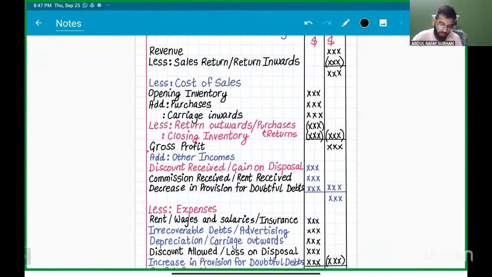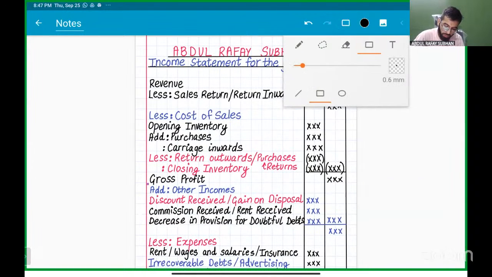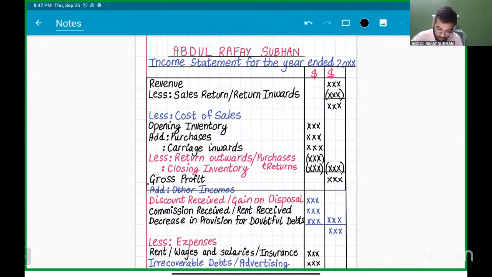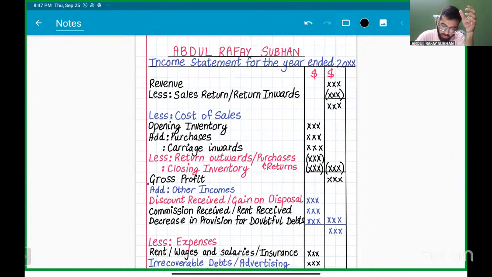So students need to understand what gross margin is. Gross margin is basically coming from the income statement, the next topic of ours. Gross margin is gross profit divided by revenue into 100. That is our gross margin. So you have to give one of the reasons from here. I'll just mark it with the orange highlighter or the green highlighter, if everyone can see.